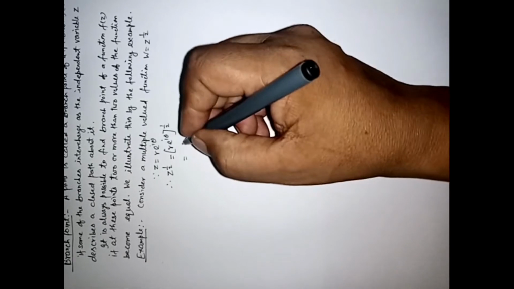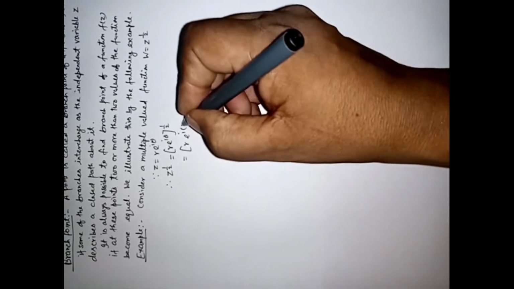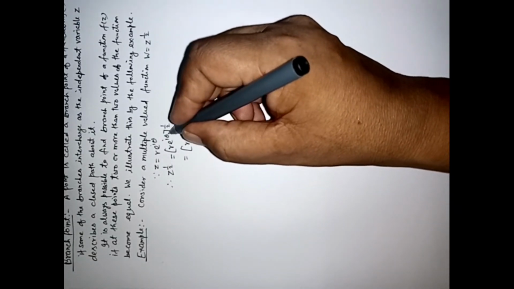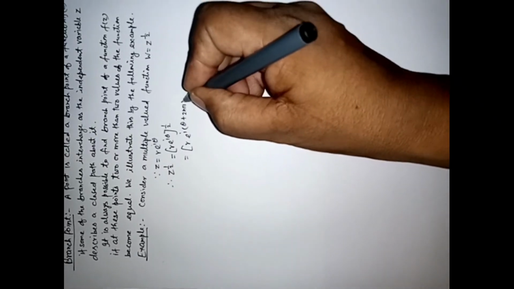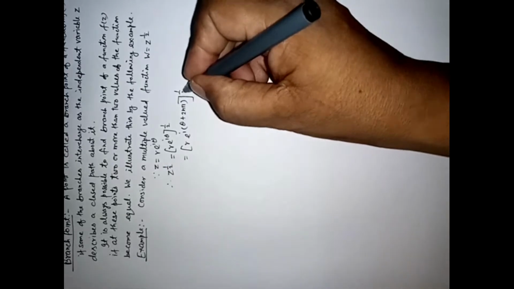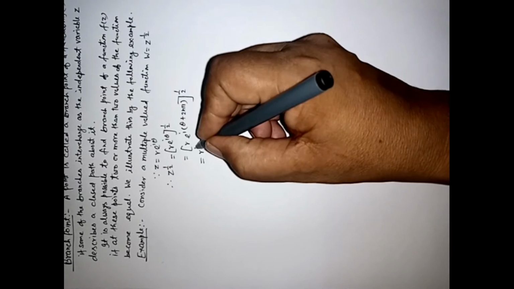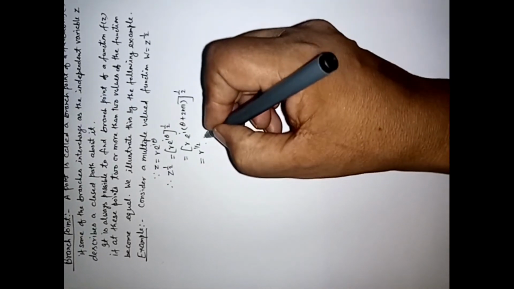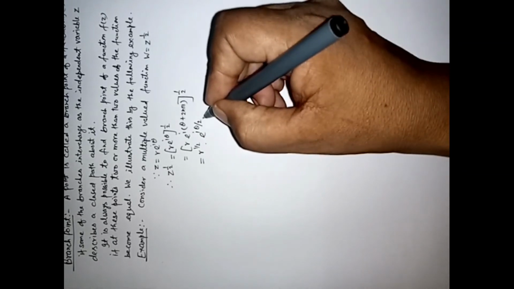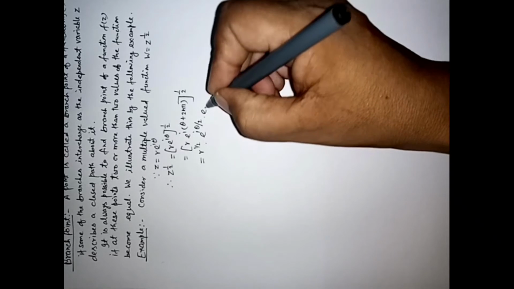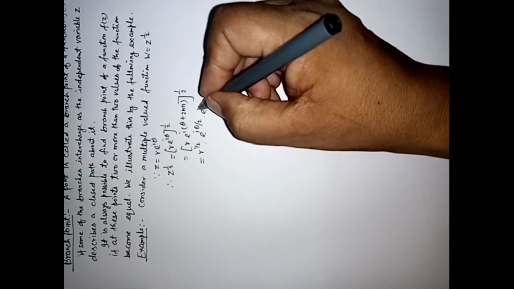For the general value we can replace theta by theta plus 2n pi, and this may be written as r power half into e raised to the power i theta by 2 into e raised to the power i n pi.